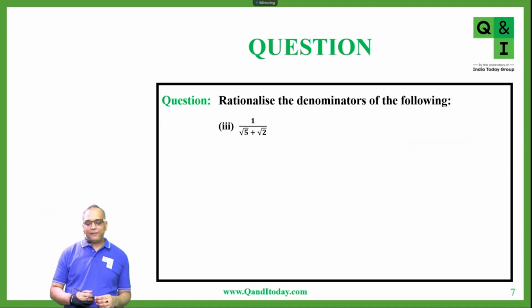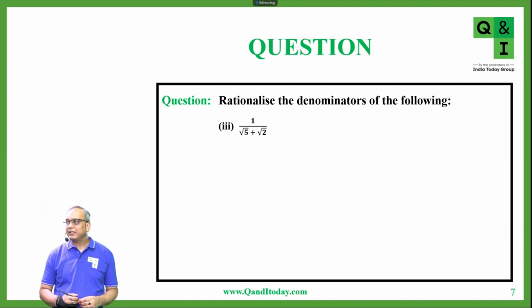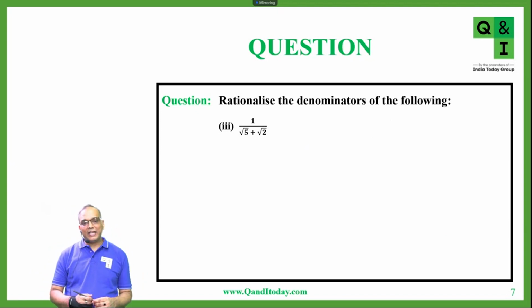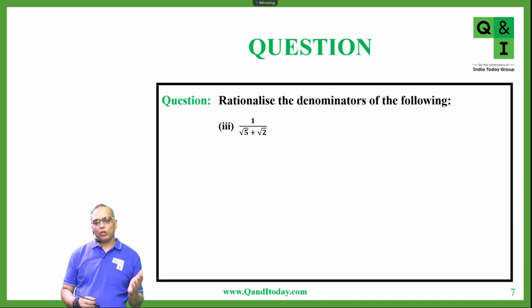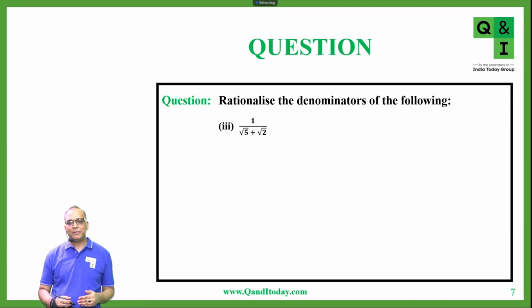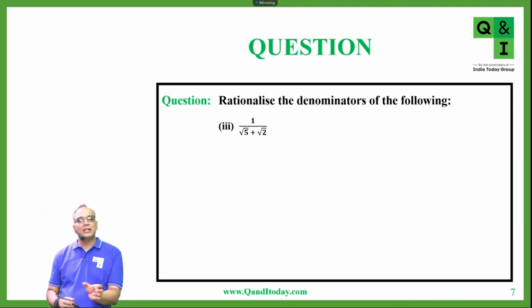Now here we have to rationalize the denominator, 1 by root 5 plus root 2. So we'll multiply numerator and denominator by the conjugate of the denominator, that is root 5 minus root 2. Root 5 plus root 2 is an irrational number, so that's why we have to rationalize the denominator.